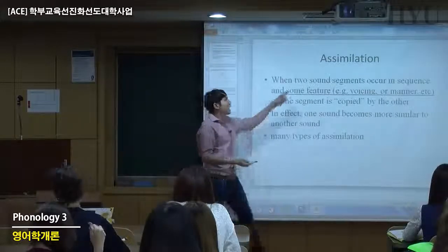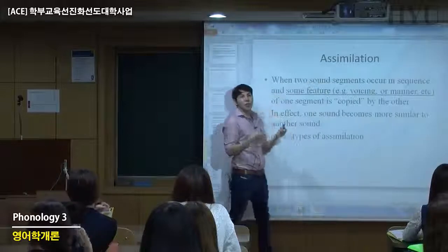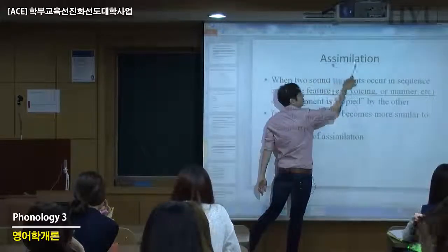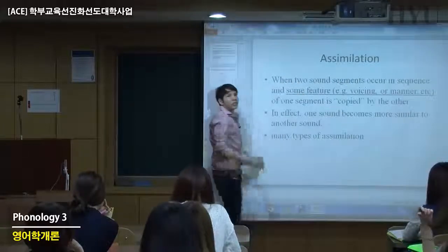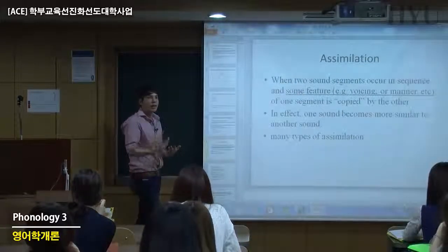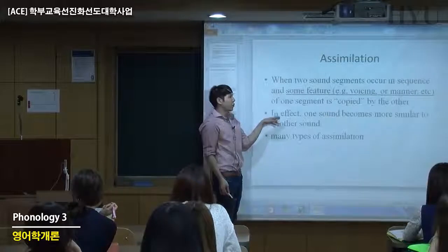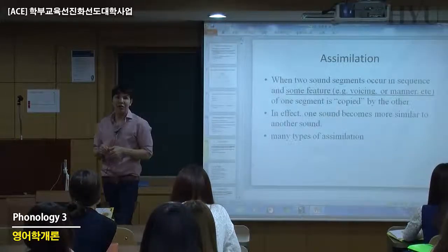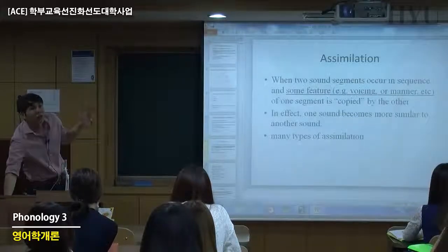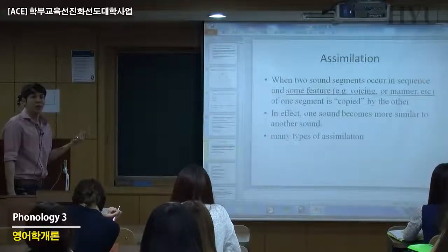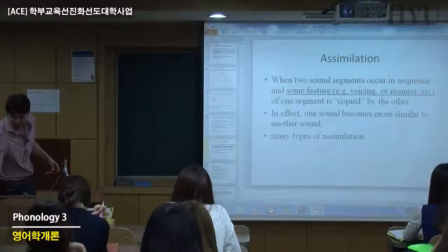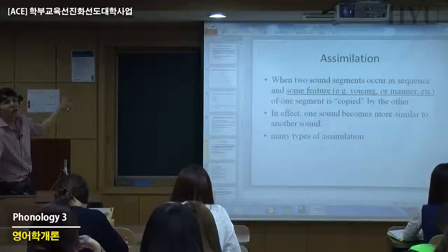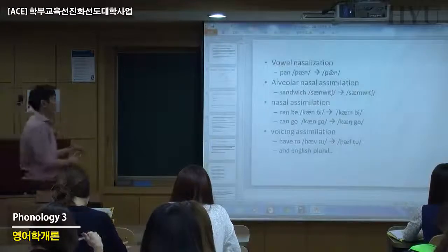Assimilate means to make similar. It comes from the word similar. So assimilate is to make similar, to make the same. One sound will become more like another sound, okay? There are many types of assimilation depending on what feature, like voicing or manner or place of articulation, is copied.